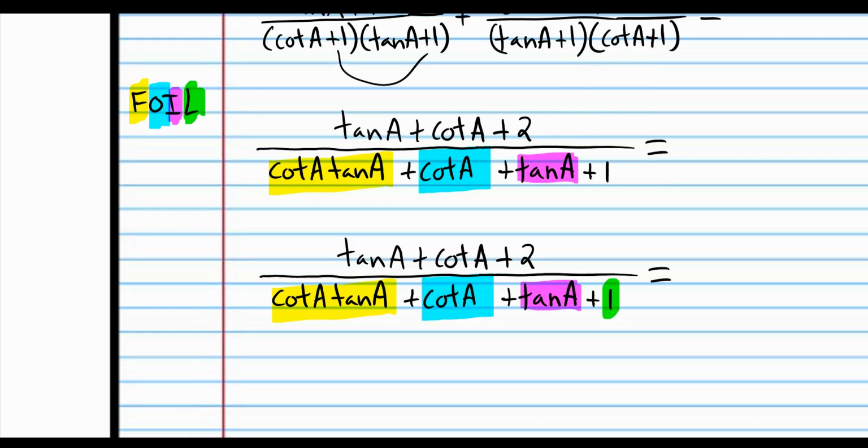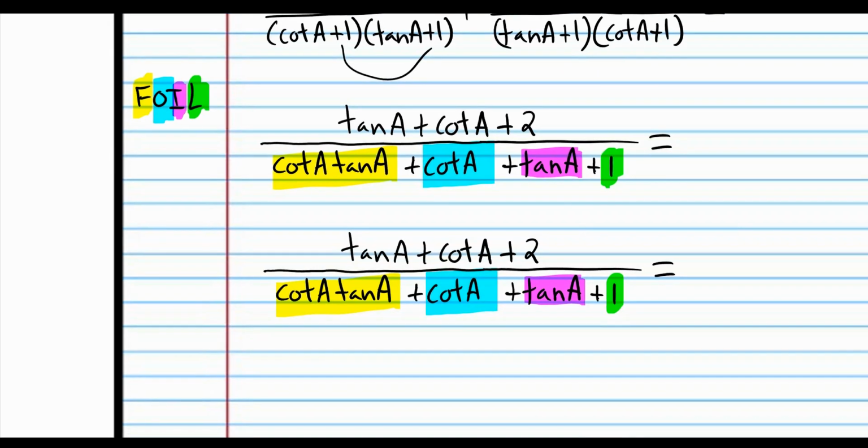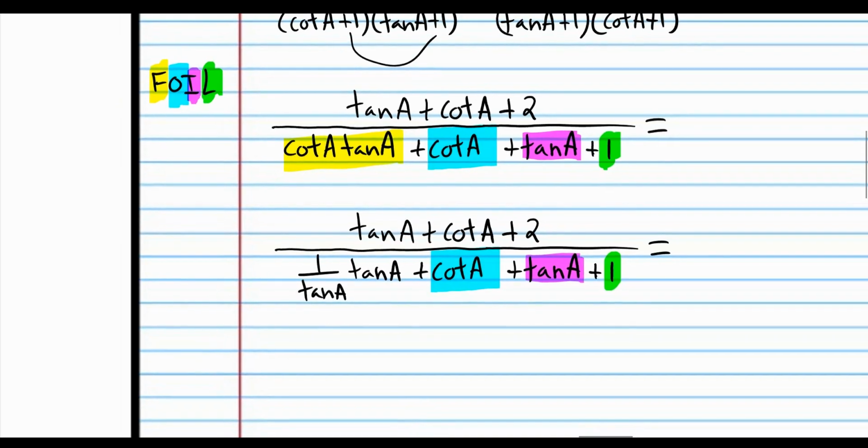You don't have to use colors. So down here we're going to change cotangent to 1 over tangent A. So that was a reciprocal identity.